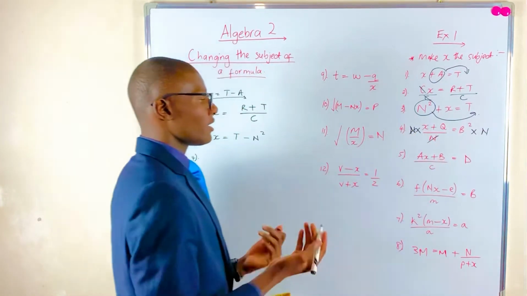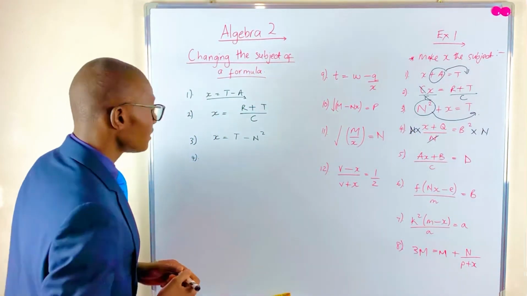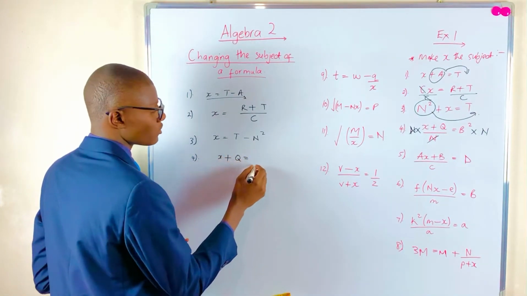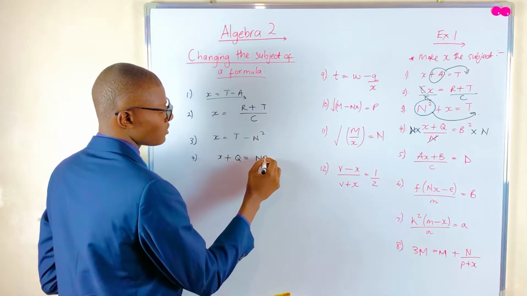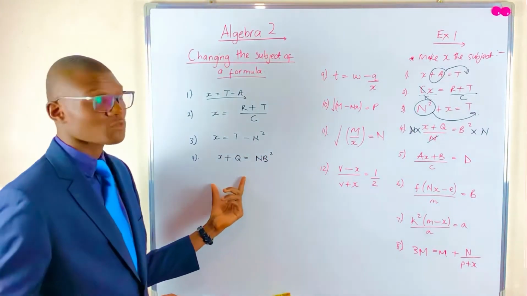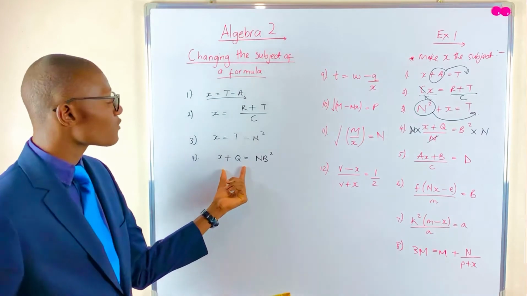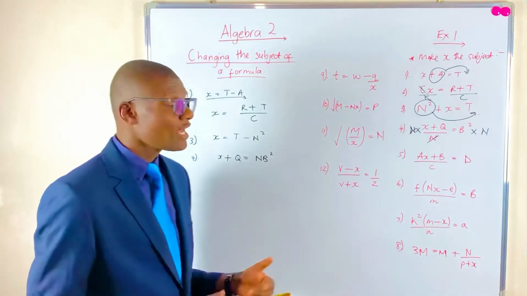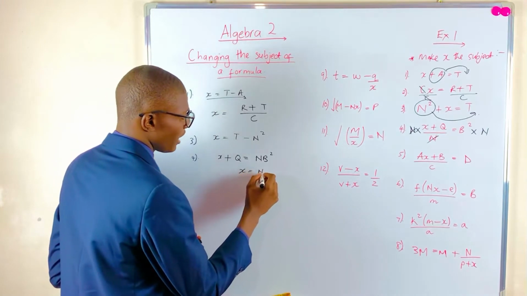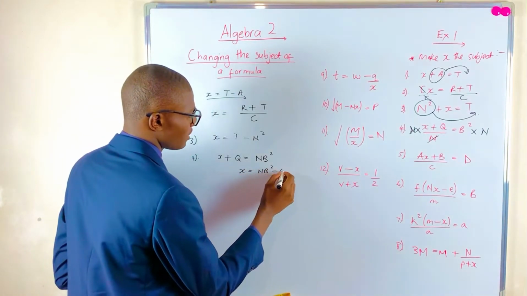Then we get rid of the denominator. So now we've got x plus q being equal to nb squared. Then making x the subject, we take q from the left hand side to the right hand side, and the sign will change. So x would be nb squared minus q.